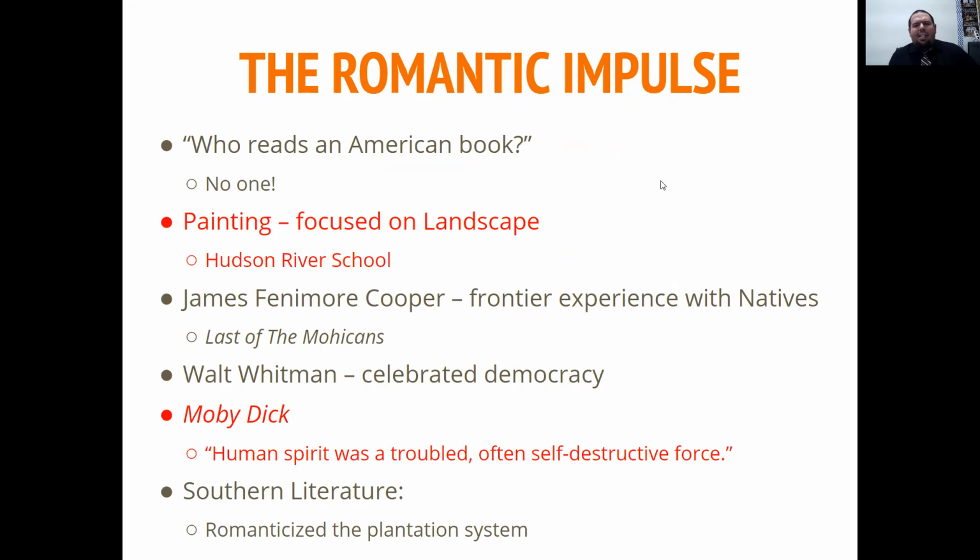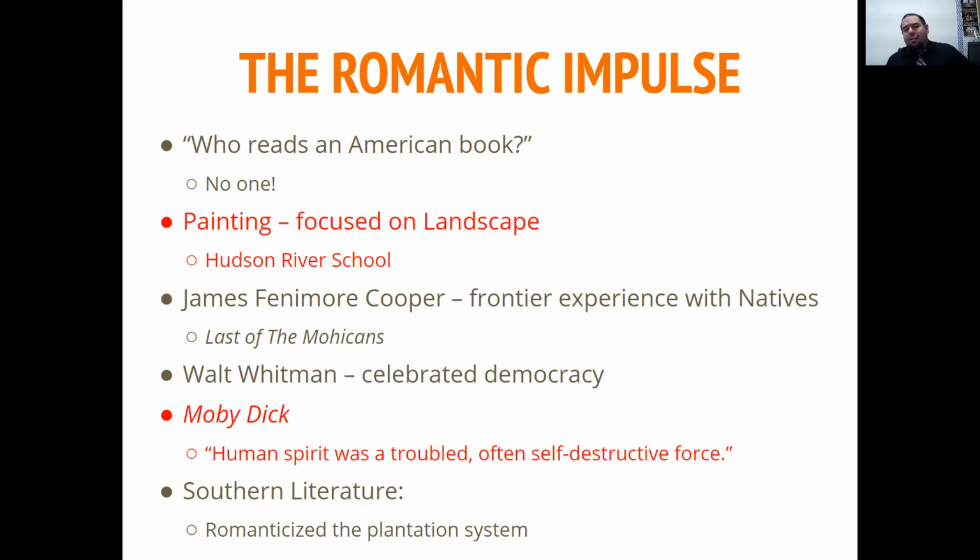So there's a romantic impulse. Who read an American book back then? Really no one, because there was no real literature being written. However, there was some art, romantics, favoring the romantic period, romanticizing.